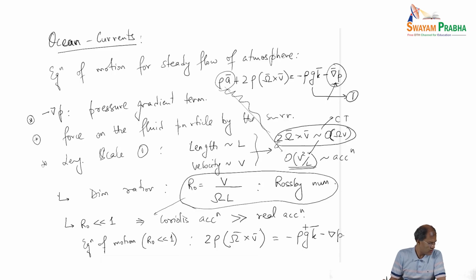Right? So this is a case where the acceleration term is small, and we typically call this type of flow geostrophic flows.